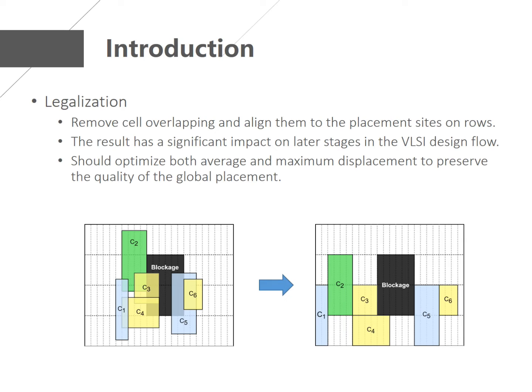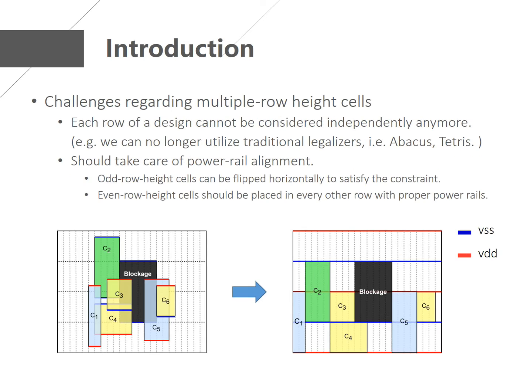So the usual objective for a legalizer will be average cell displacement and maximum cell displacement compared to global placement. The figure below is an example of before and after the legalization stage. We can see that all of the cell overlappings are solved, and every cell is aligned to row after legalization.